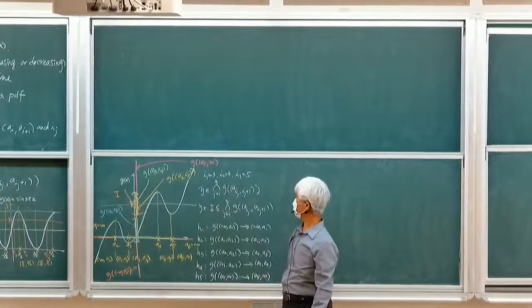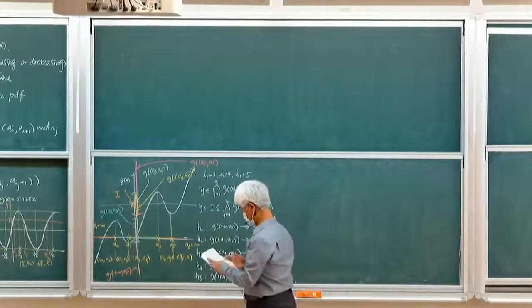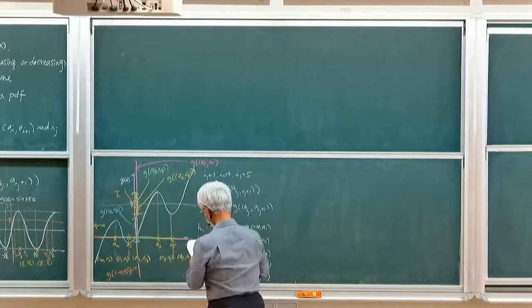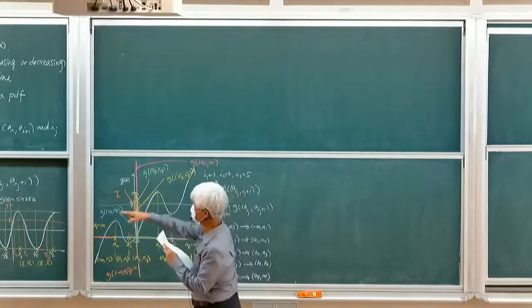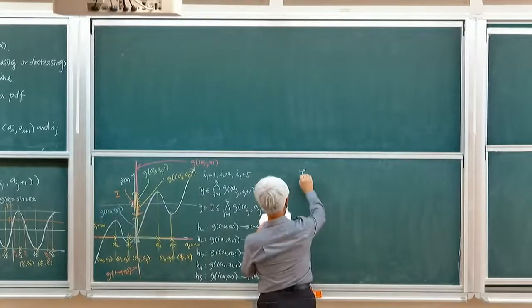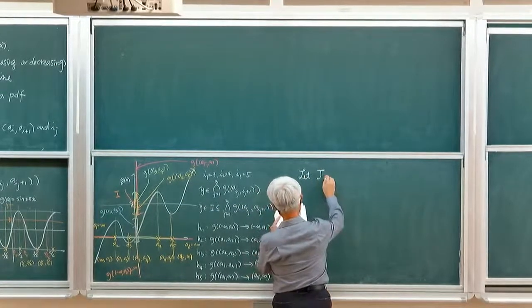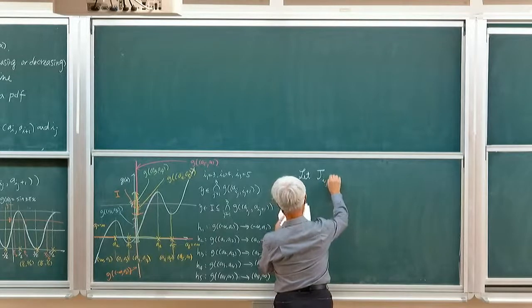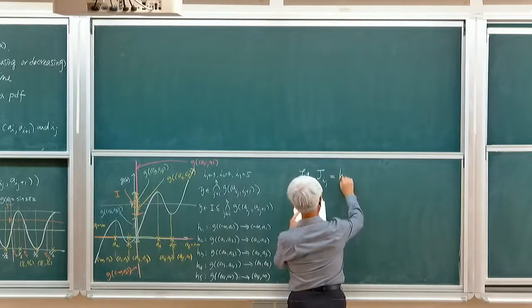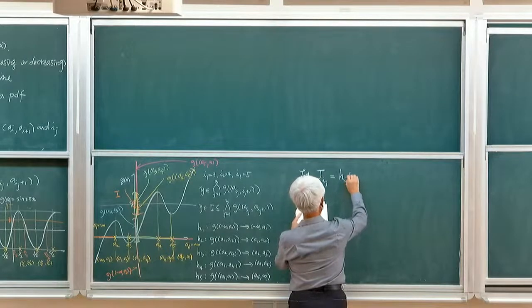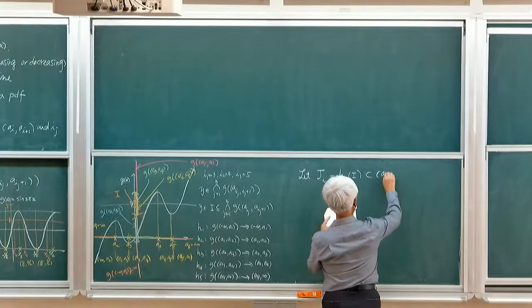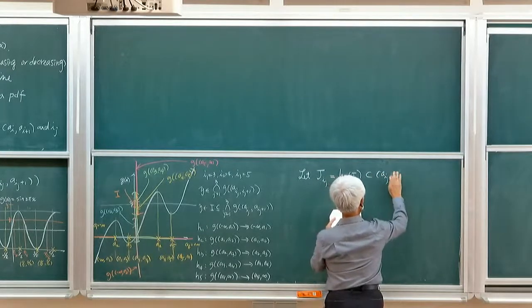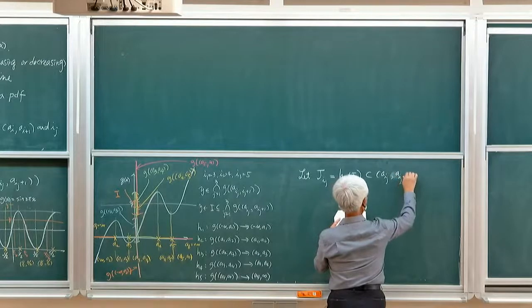Now, we let J sub I sub j be the image of I. So that must be contained in A sub I sub j up to A sub I sub j+1.